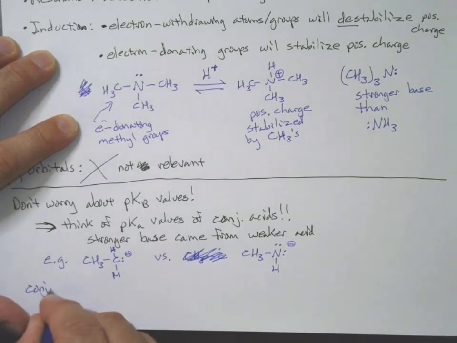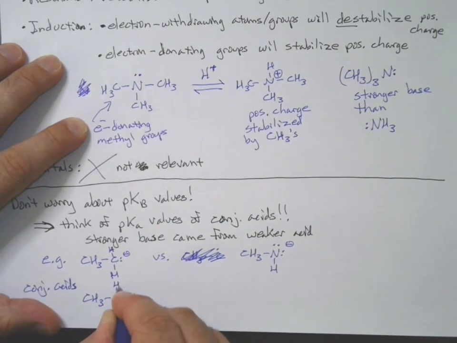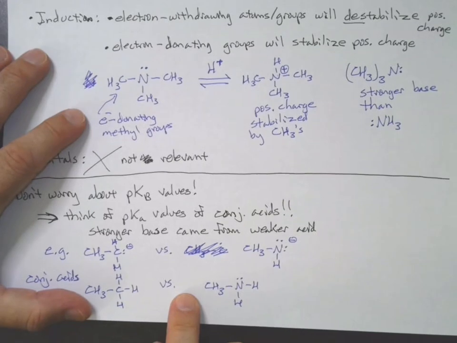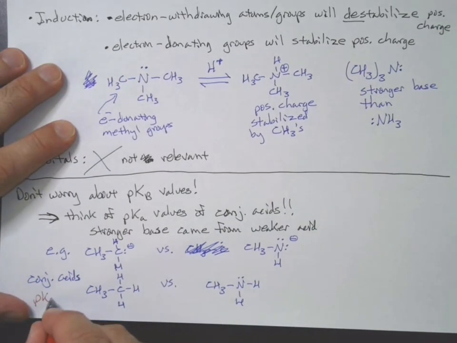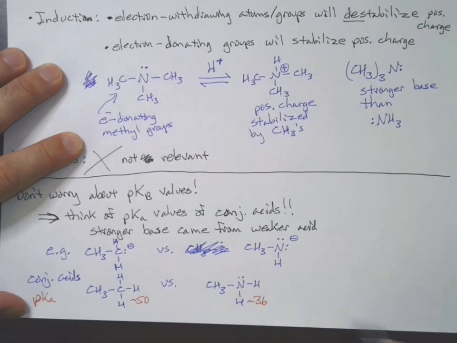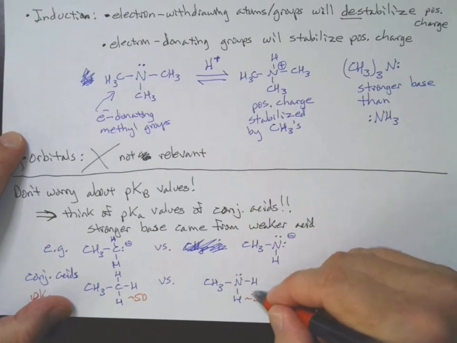If we look at our conjugate acids, we can see we have CH3CH3 and CH3NH2. And if we were to look up in a table these pKa values, we would see this is around 50, and this is around 36. Lower pKa means it is the stronger acid.